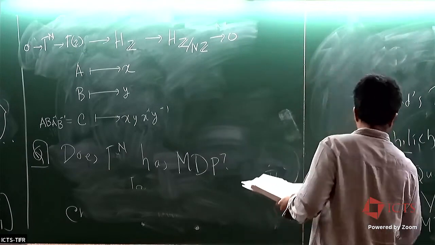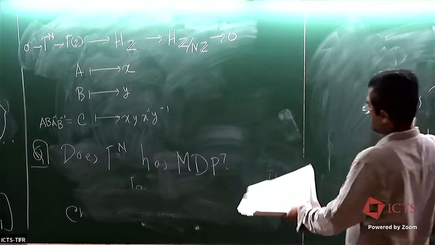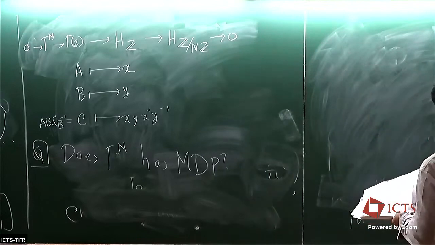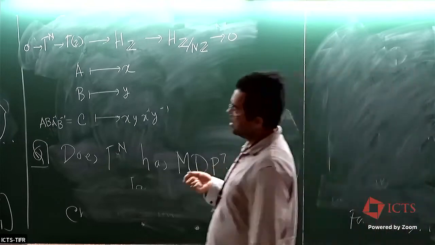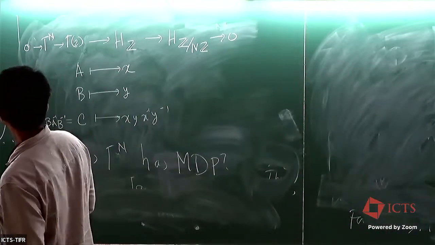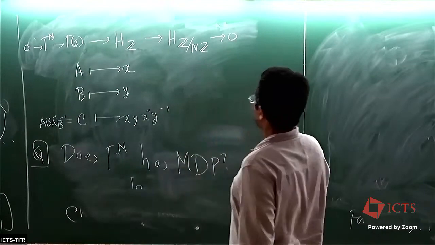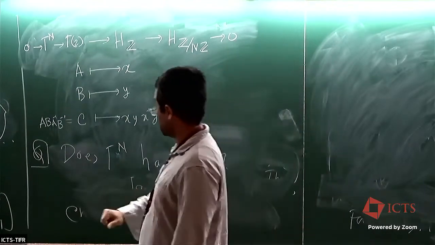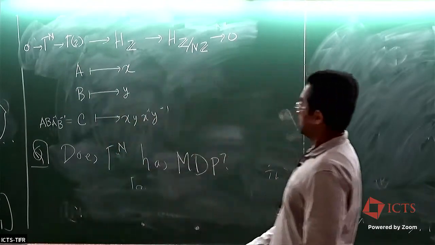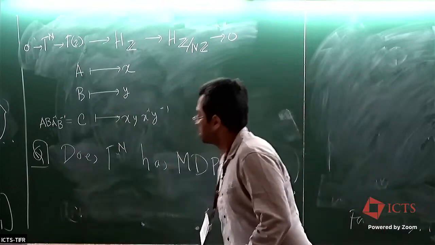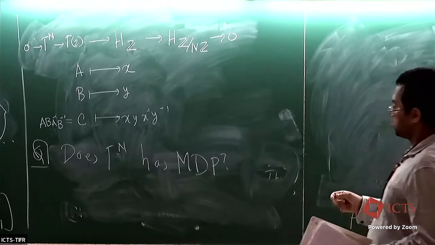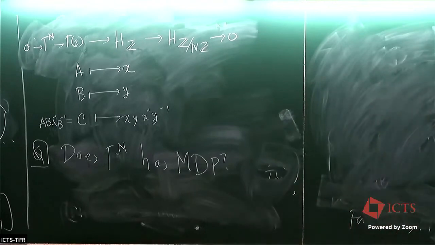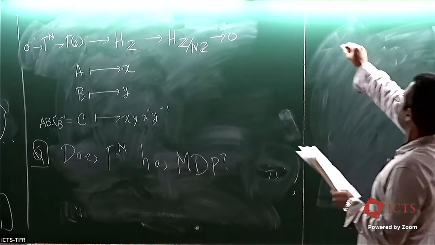The answer to this question is that for n equals 3, gamma 3 has the Manin-Drinfeld property, but for n equals 5, gamma 5 does not have the Manin-Drinfeld property. In general, we expect that it most likely does not have the Manin-Drinfeld property, but we don't know the proof.